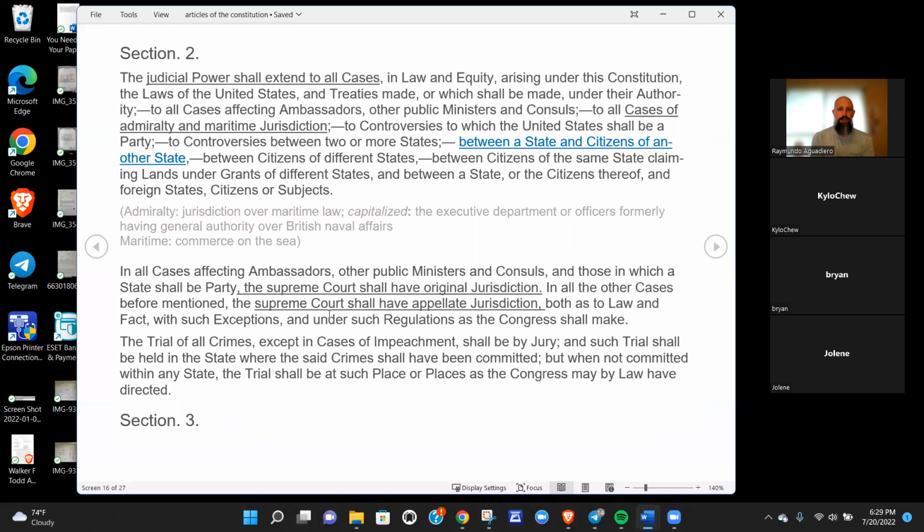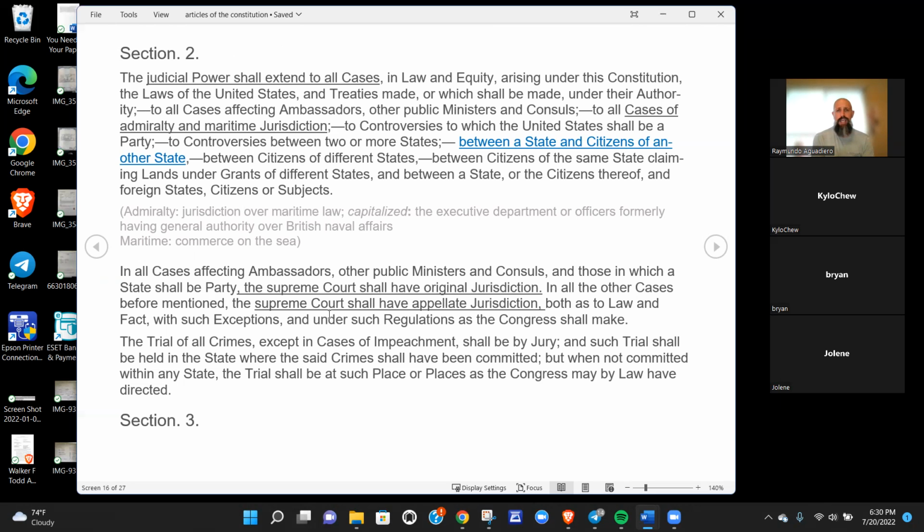Those are some fun words too. To controversies to which the United States shall be a party, to controversies between two or more states, between a state and citizens of another state, between citizens of different states, between citizens of the same state claiming lands under grants of different states, and between a state or the citizens thereof and foreign states, citizens or subjects.